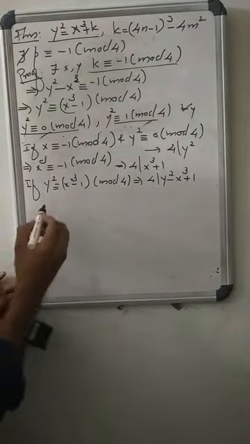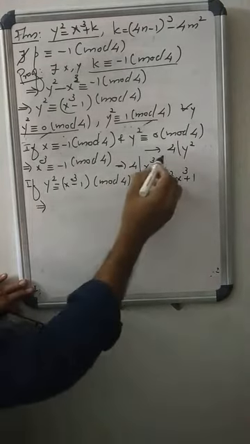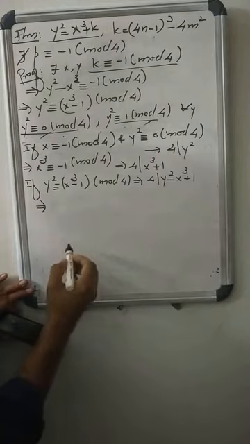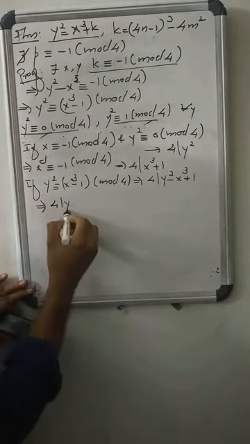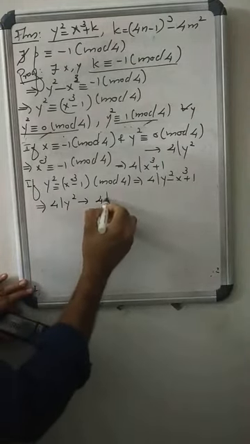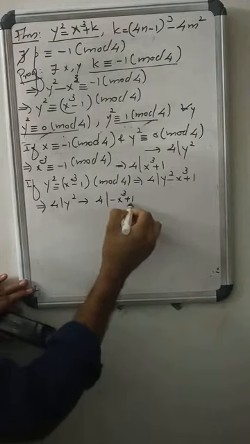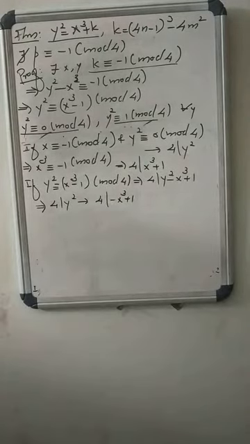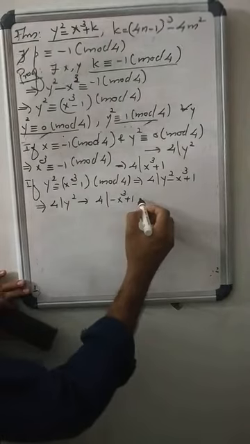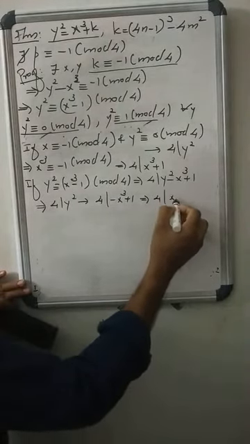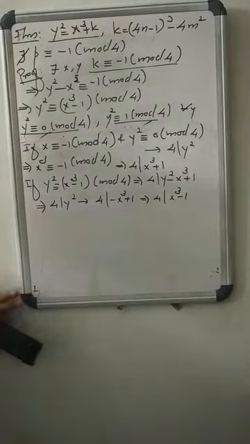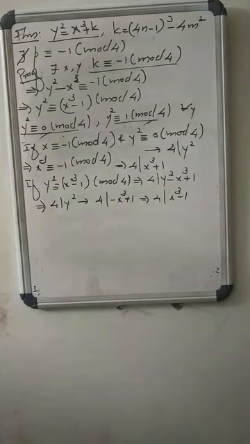Okay, so listen, we have 4 divides y square, which gives 4 divides minus x cube plus 1. 4 divides minus x cube plus 1 means 4 divides x cube minus 1, by multiplying by minus 1. So 4 divides x cube minus 1.